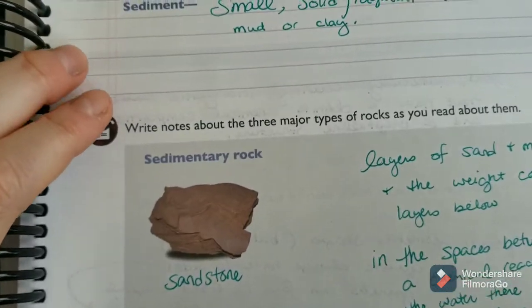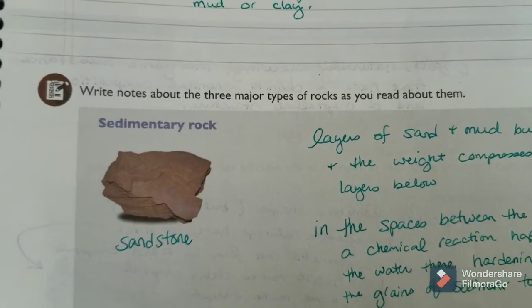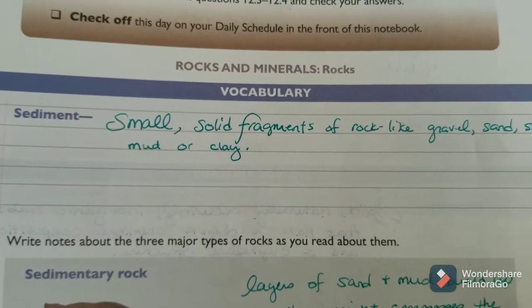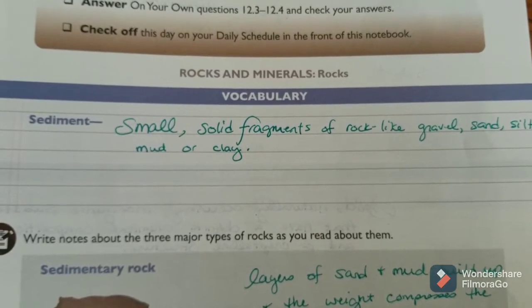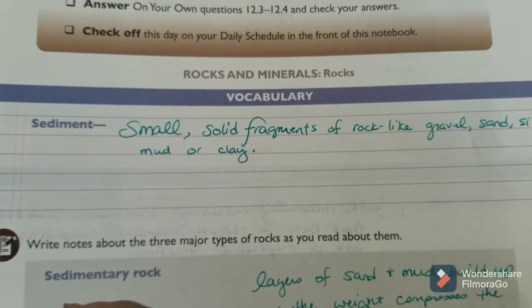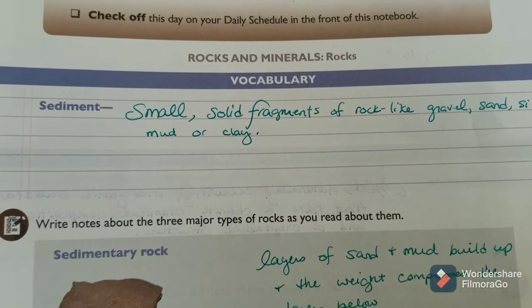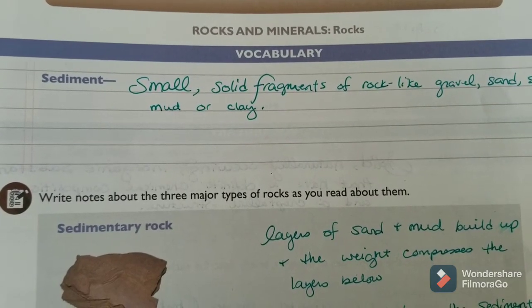All right, moving on, 363. Sediment, we're going to start with the vocab. Small, solid fragments of rock like gravel, sand, silt, mud, or clay. Have you ever gone to a rockier beach, or just beside a creek even? That's even probably more accurate.